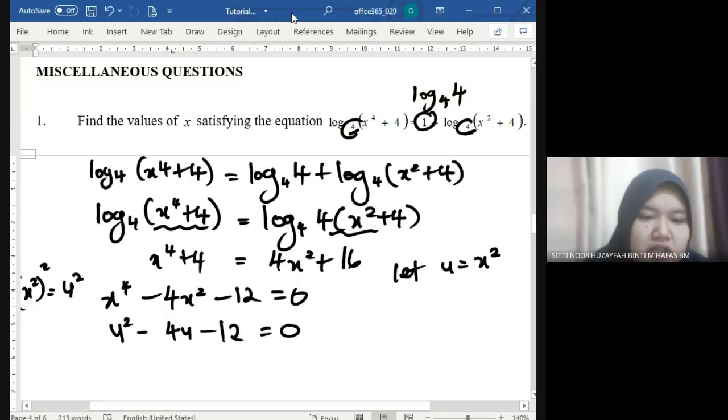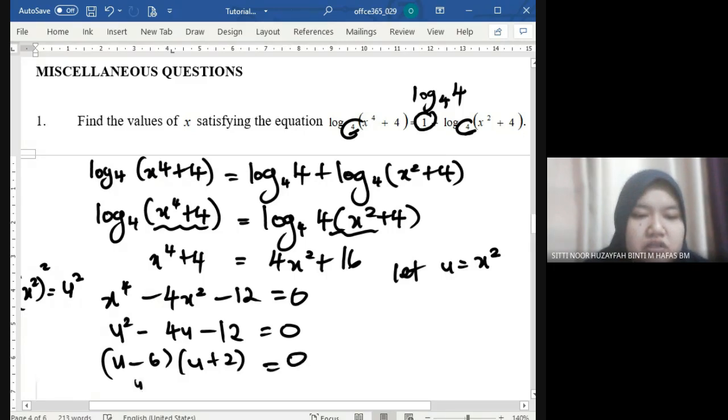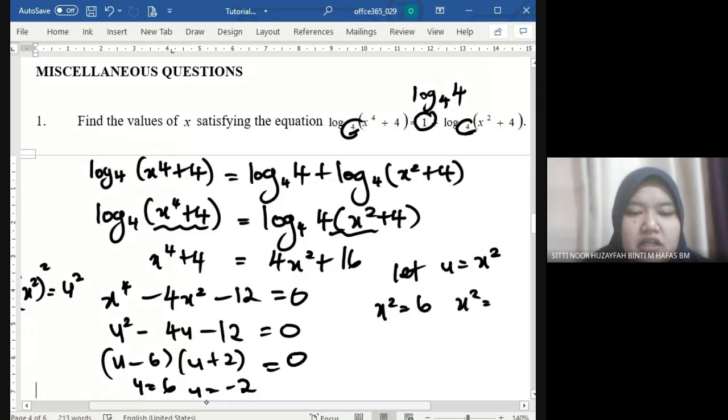So what will you have? 12 is equal to 6 multiplied by 2, right? So u minus 6, u plus 2 equal to 0. So u equal to 6, u equal to negative 2. So this is for u. For x, we will get x squared equal to 6, x squared equal to negative 2.